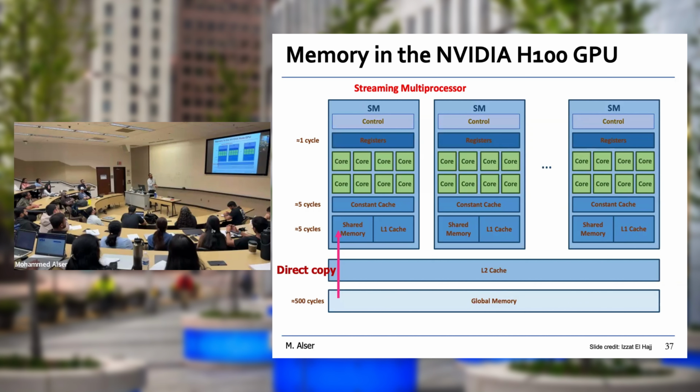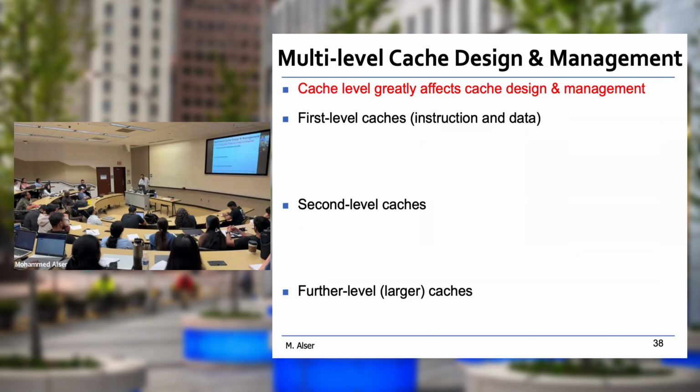They can share it as if those caches are shared among the streaming multiprocessors. So you can go from streaming multiprocessor to streaming multiprocessor and copy data back and forth. That's what's really special here. So the GPU has this high-speed communication medium between the global memory and there. That's why you can get data very fast in a cheaper way.